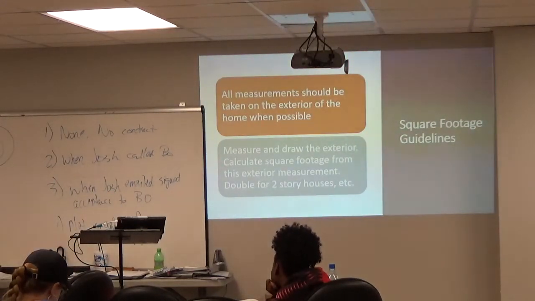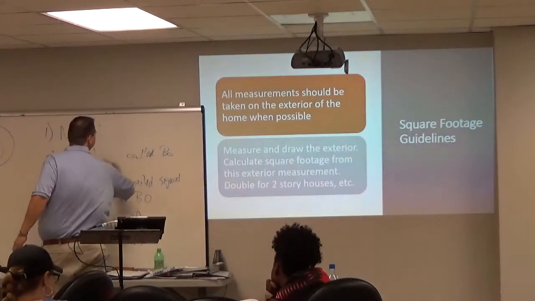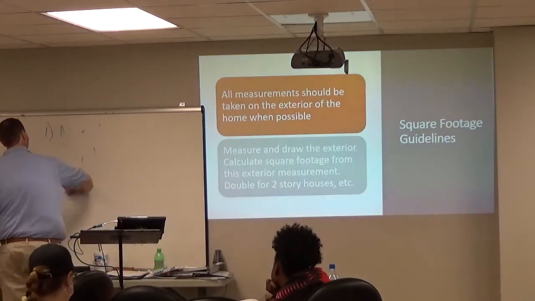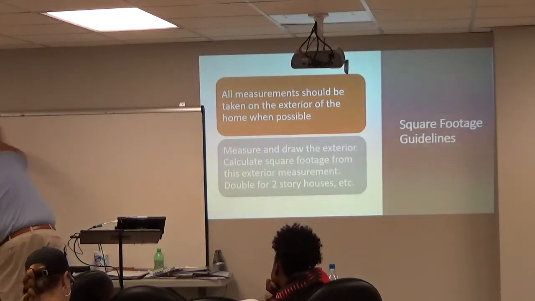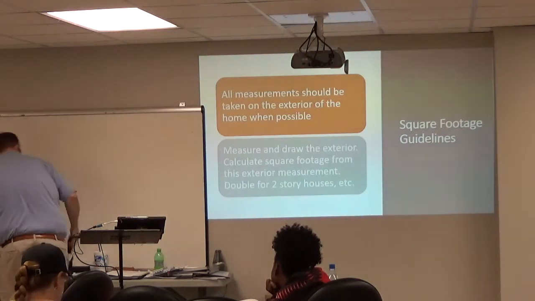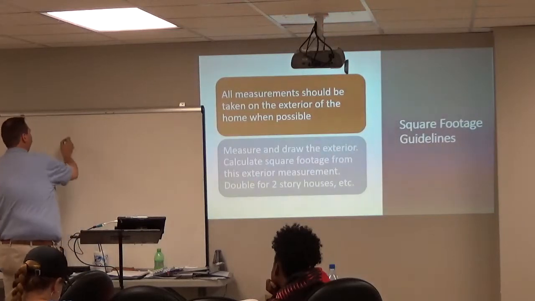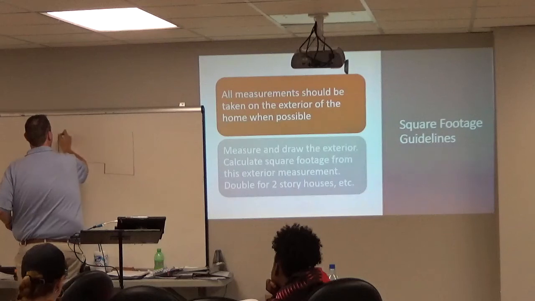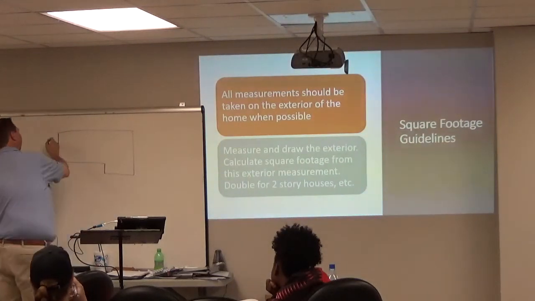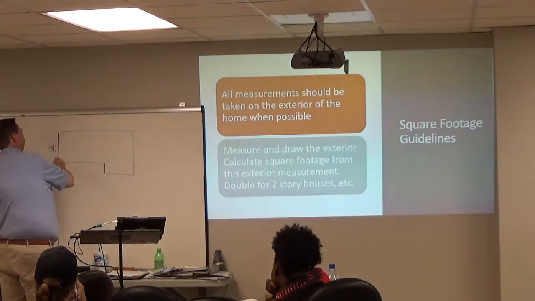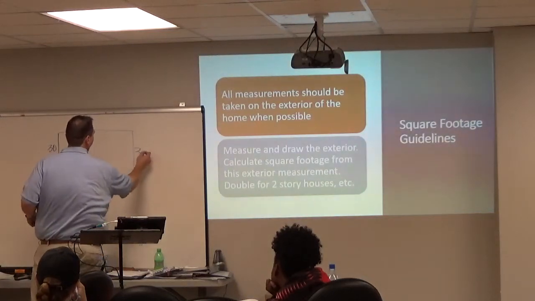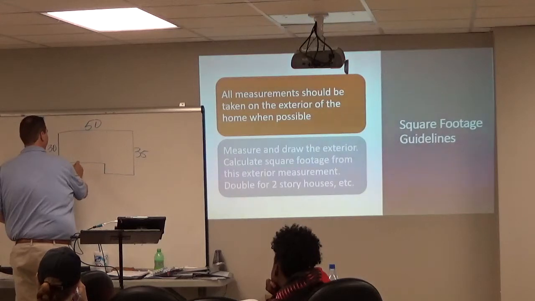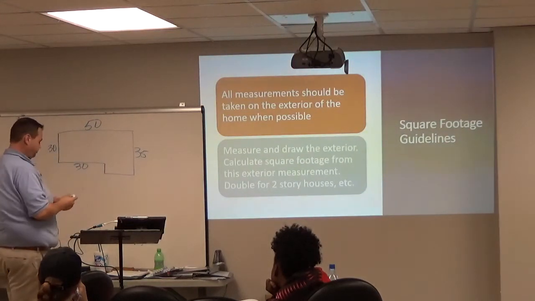So I'll give you an idea of what I mean here. All right, if I go and I'm measuring this house, and this is 30 feet, here's 35 feet, back here is 50 feet, and then this is 30 feet across here.